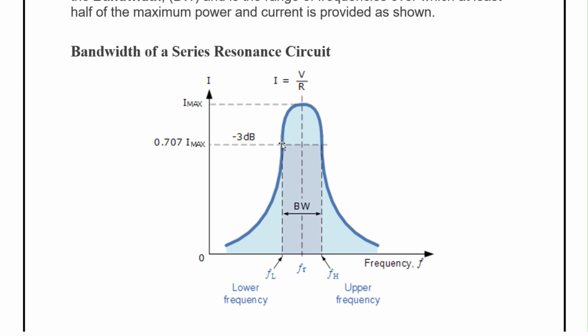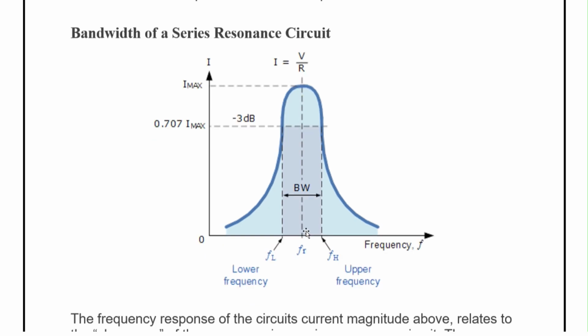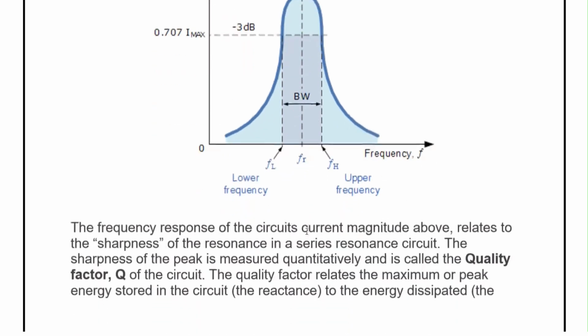Between these two frequencies, it is made to operate because the response is very high. Current response is very high. So FR, FH, and FL, all these 3 points are better understood, I hope. And this is how we define the circuit bandwidth.